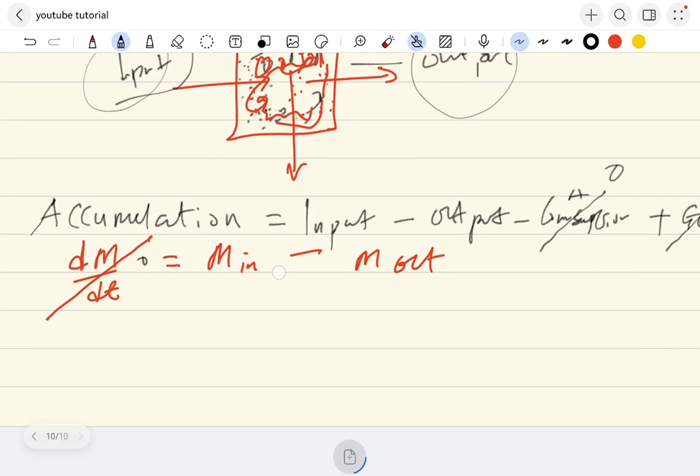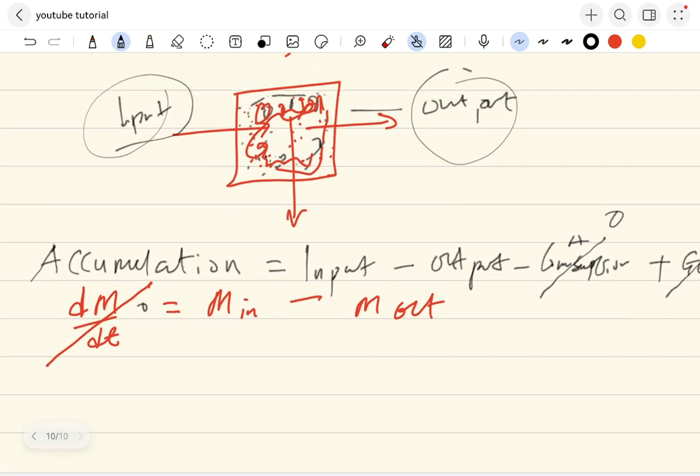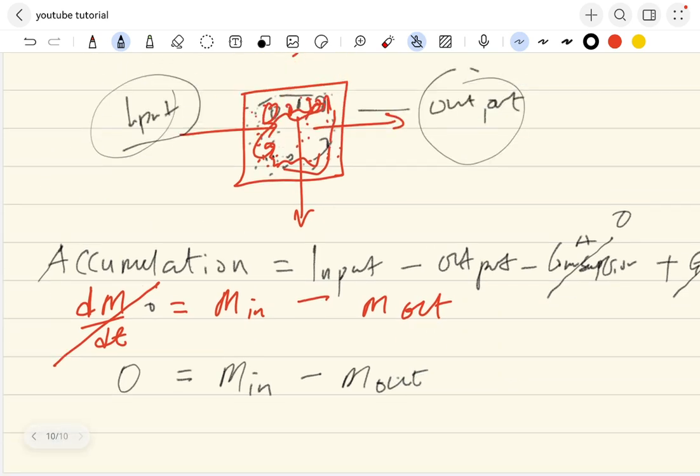So if the accumulation term is 0, we can simply say 0 is equal to mass in minus mass out. So from here we can simply say m in is equal to m out. So this is how we came about m in is equal to m out.